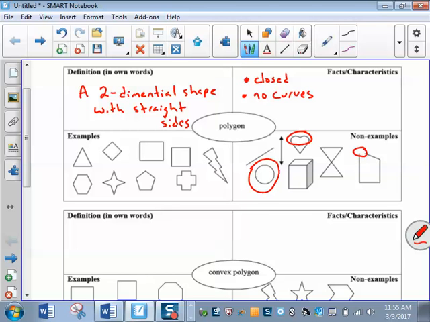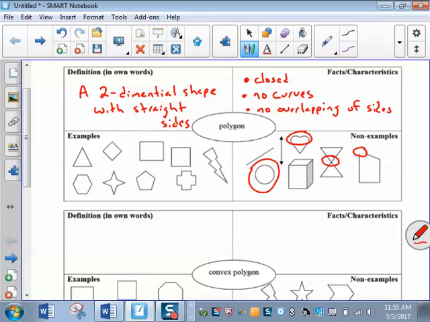No sides. So there can be no overlapping of sides. Right? So, such as this.